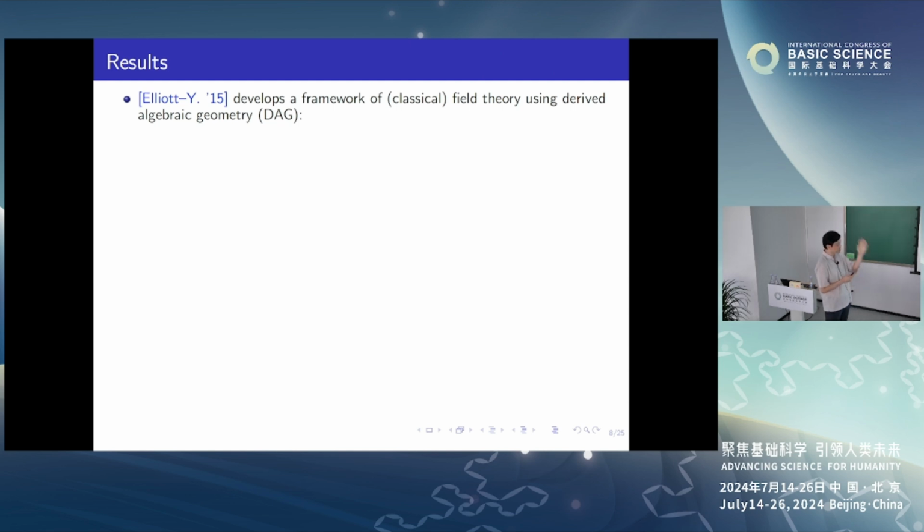So this is the technical slide, and after that, I'm going to become less technical once again. So one of my early works is to develop a framework of such a sort of field theory, to deal with such things. And for that, I was using what is called the derived algebraic geometry.